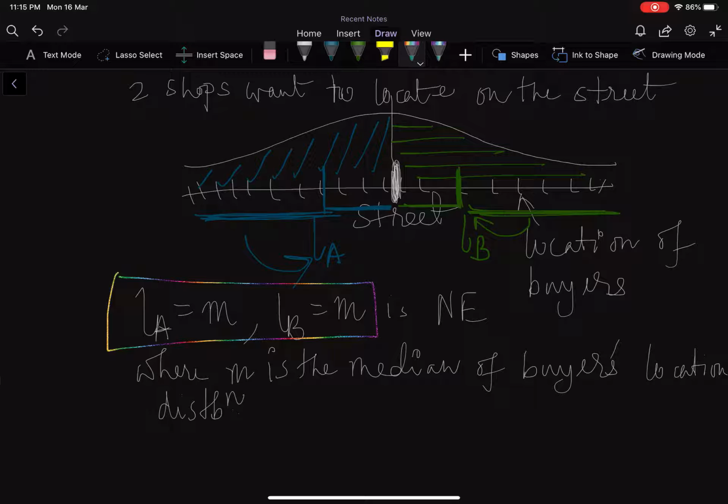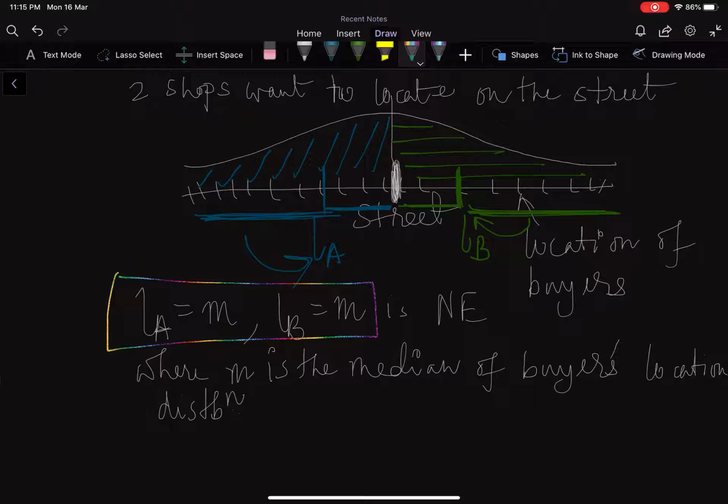This explains, for example, why you find shops clustered around one point, which we call the marketplace. In a neighborhood or even a city, all electronic stores are located in one cluster, all hardware stores in one cluster, all furniture stores in one cluster. These real life phenomena can be explained by models like this, using game theory and the concept of Nash equilibrium.